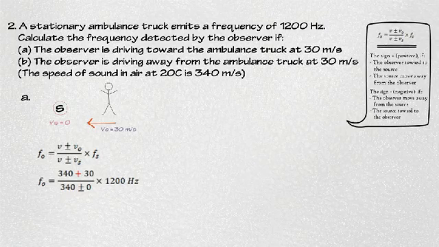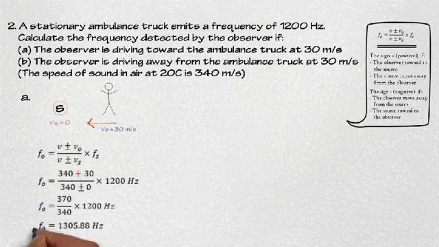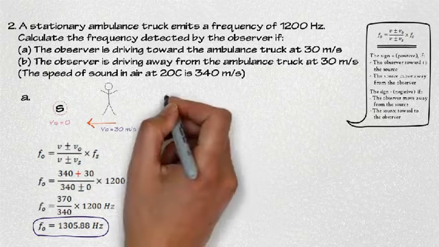We can input the value of the velocity of sound in air. Why does the velocity of the observer have a positive value? Because the observer moves toward the source. So the frequency of the observer is 1305.88 Hz.